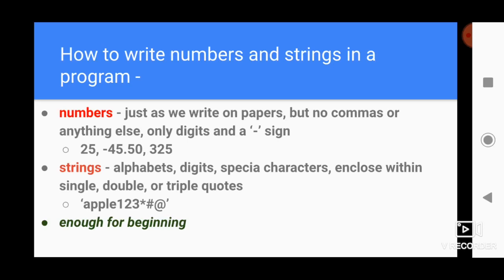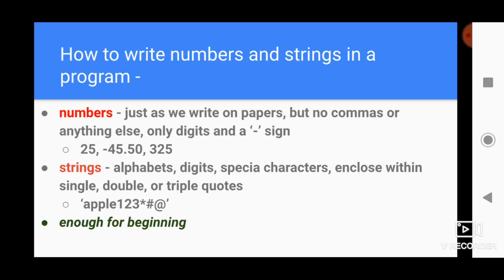For this, you must remember that you have to include all the characters in the string inside single, double, or triple quotes. That is the technical rule, the syntactic rule of Python that governs how you create a string in your program. So remember to enclose all the characters in your string inside single or double or triple quotes.